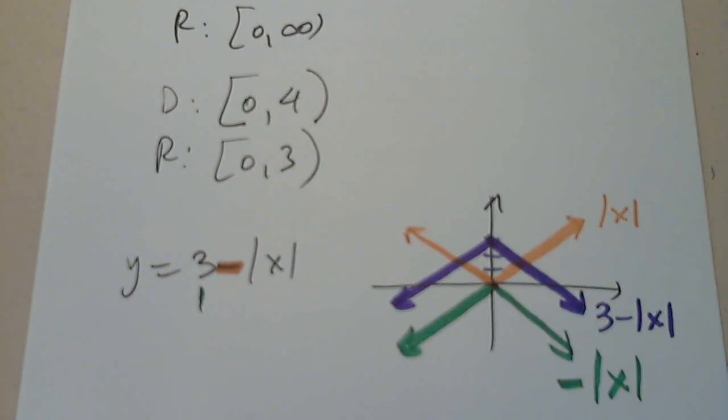How would I graph this with a graphing calculator? The way it's written: y equals 3 minus the absolute value of x.